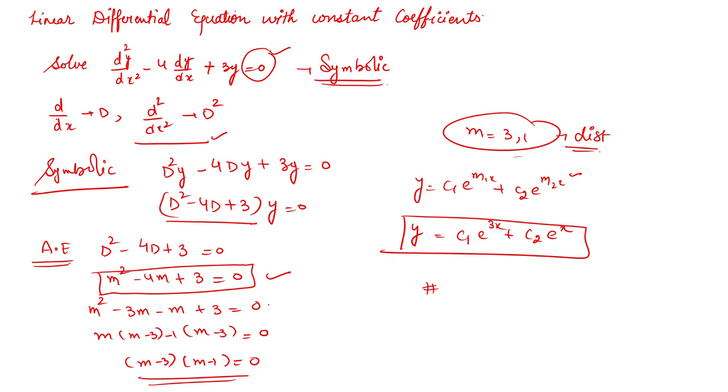Now we will see one question which is based on the case where it has the same root. If we have a same root, how can we tackle this type of equation? Now have a look. Moving further, suppose that we have the equation D square plus 6D plus 9 equal to 0, with y also here.